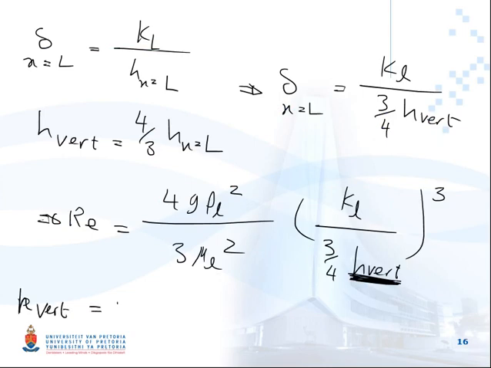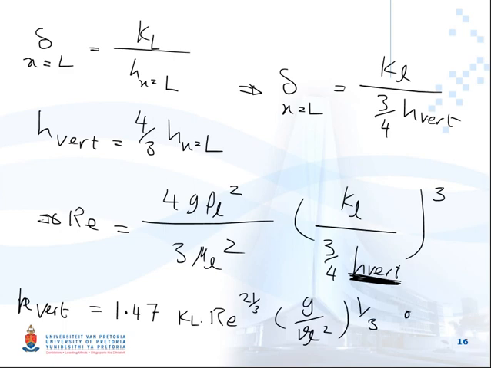So h vertical is 1.47 KL, Reynolds to the power of minus 1/3 times the group of g over nu L squared, for Reynolds between 0 and 30, and when rho V is much smaller than rho L. Okay, so we found another correlation that we are going to use later as well.